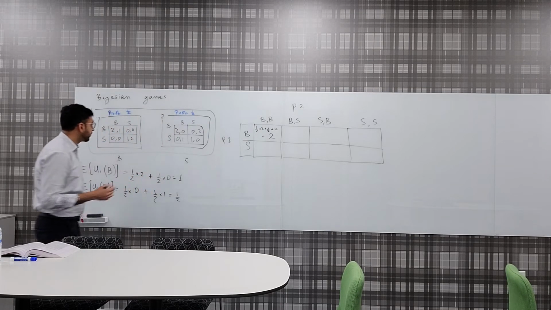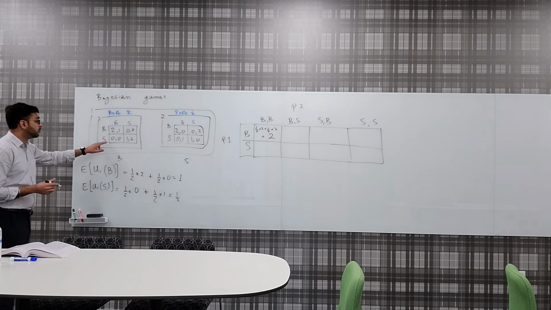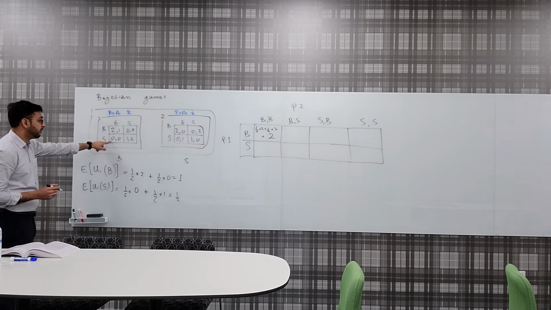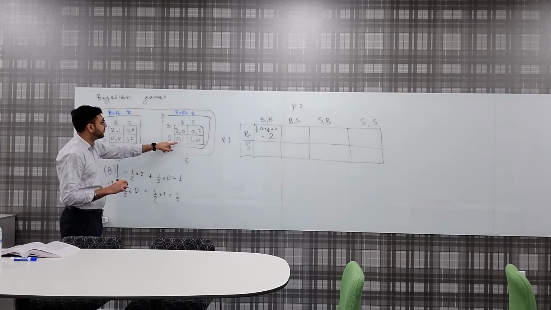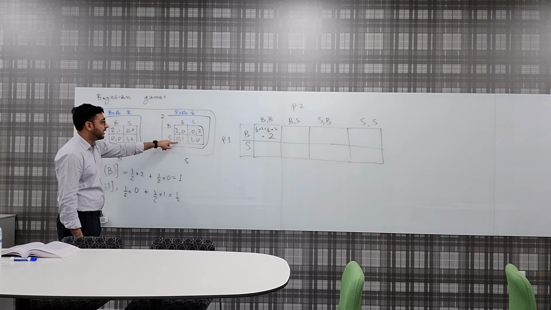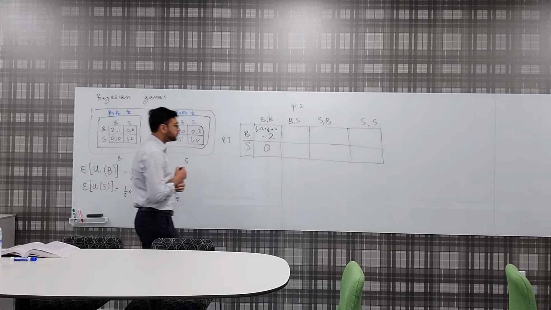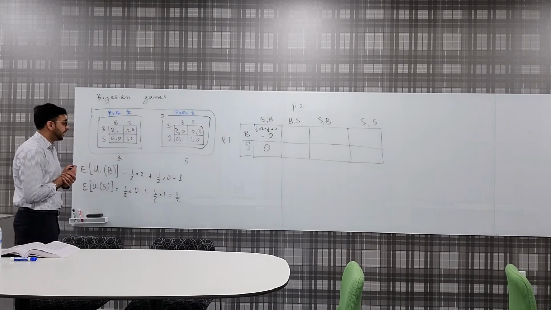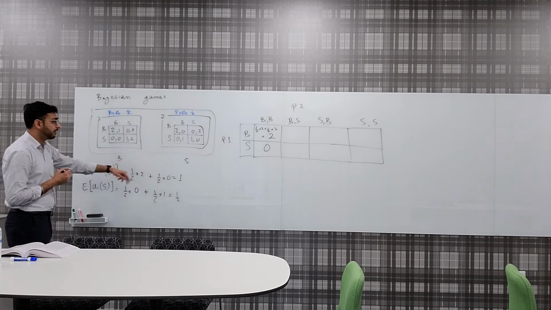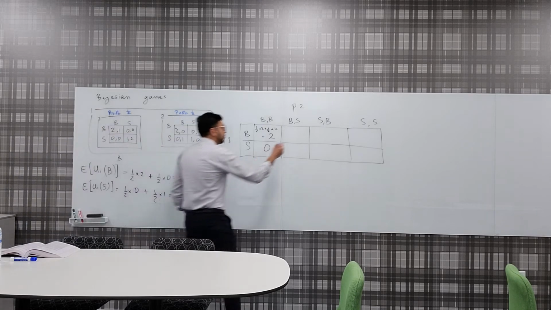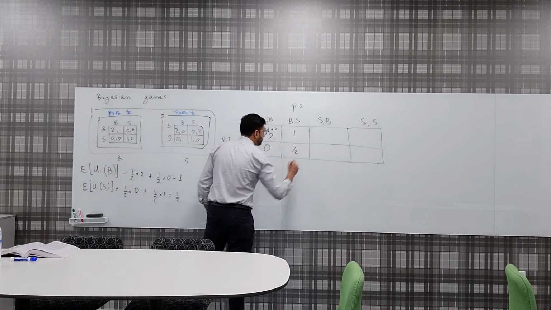From playing S, with probability 1/2, player 1 is in this world and is earning 0, and with probability 1/2 player 1 is in this world and earning 0. So that's just 0. Against BS, we actually calculated these two values, so that's 1 and 1/2.